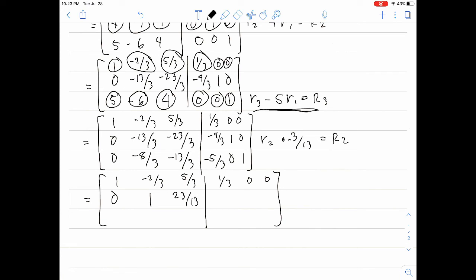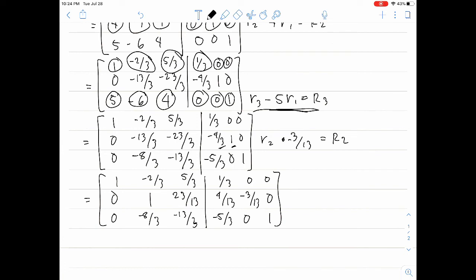Negative 4 over 3 multiplied by negative 3 over 13 is 4 over 13. Earlier, 1 times negative 3 over 13 is negative 3 over 13. 0 times something is 0. Okay, copy the others: negative 8 over 3, negative 13 over 3, negative 5 over 3, 0, and 1.